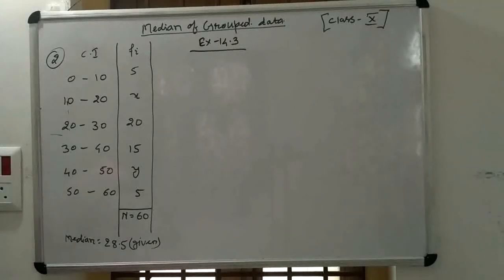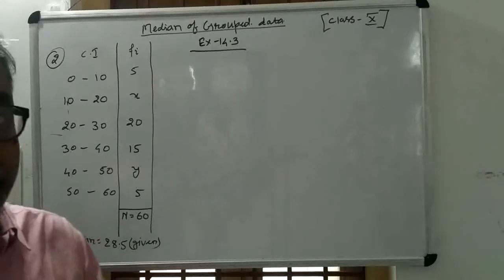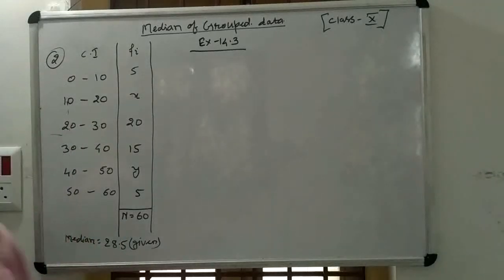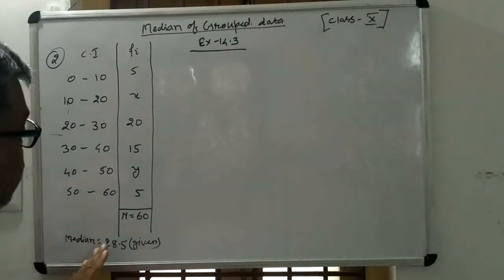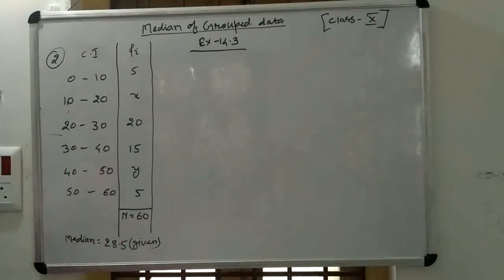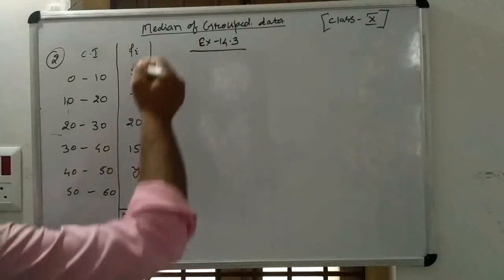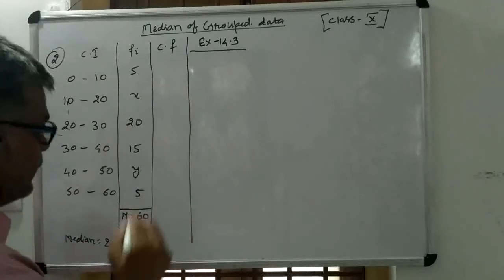Wherever frequencies are missing, that is, given in variable form, you will see that the median will be given. Here the median is given as 28.5 and we need to find the missing frequencies x and y. As you know, in calculating the median we first calculate the cumulative frequency.